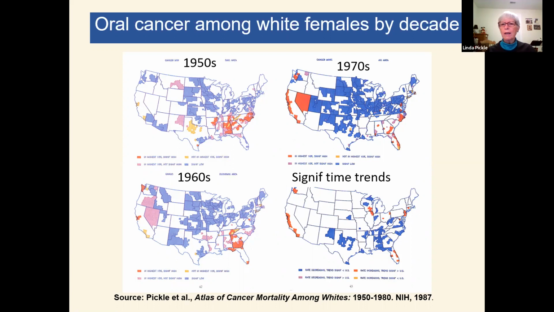So we speculated that this change in patterns from the 50s to the 70s for oral cancer indicated that white women were changing their tobacco use from smokeless tobacco or snuff dipping back in time to more recently cigarette smoking. So this was one way we used these decade-specific maps.